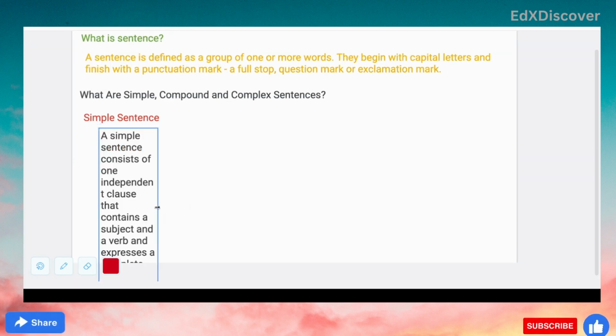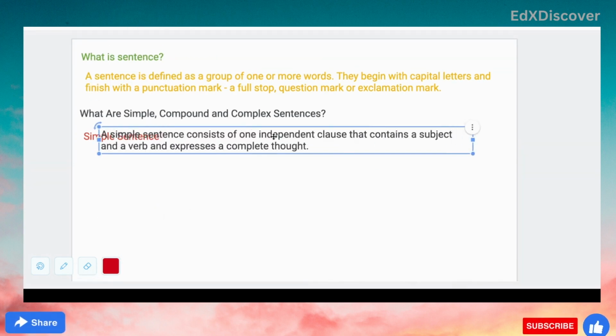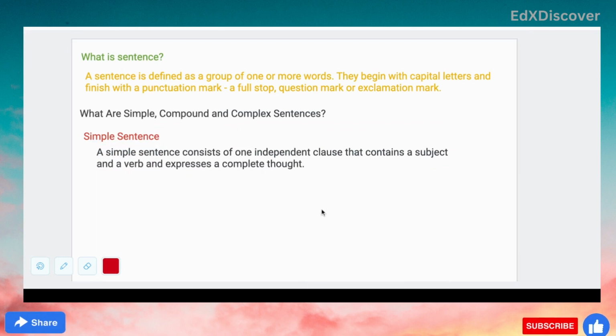The explanation is, it consists of one independent clause that contains a subject and a verb and it expresses a complete thought. For example, John is playing tennis. This is the example for simple sentence.